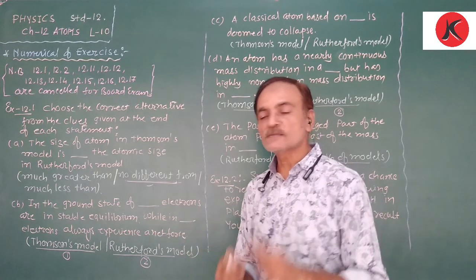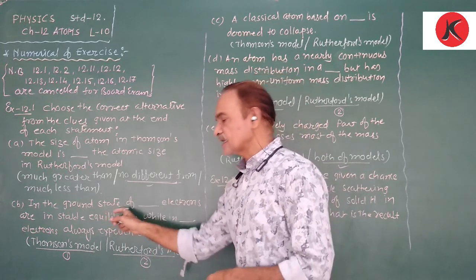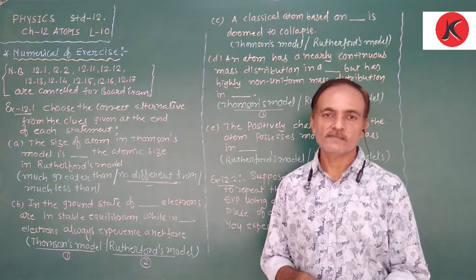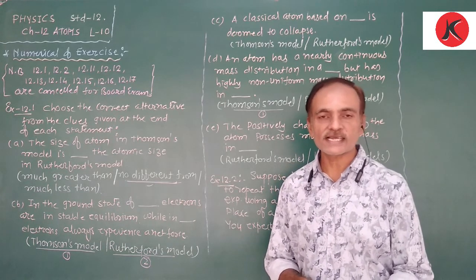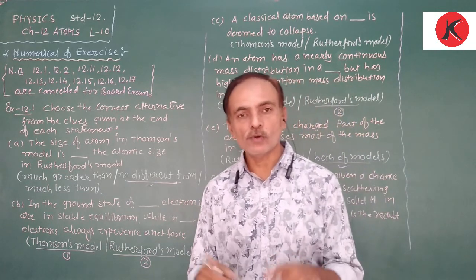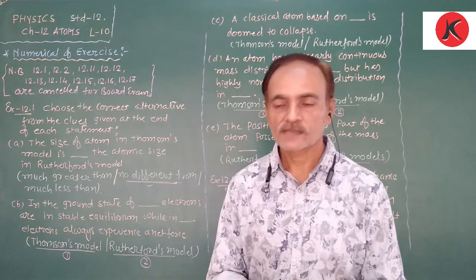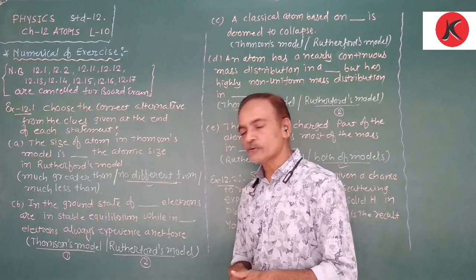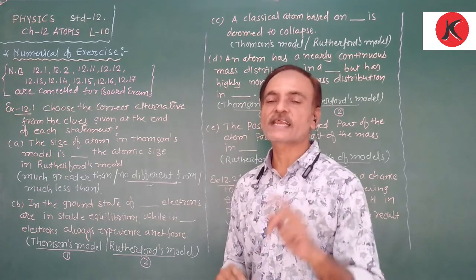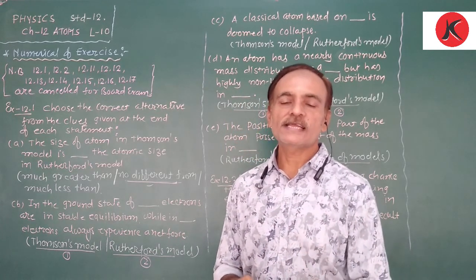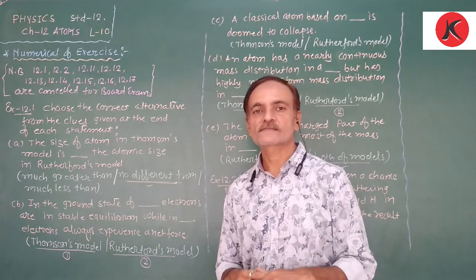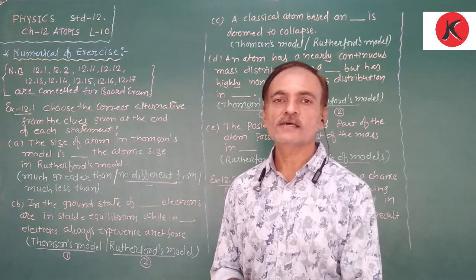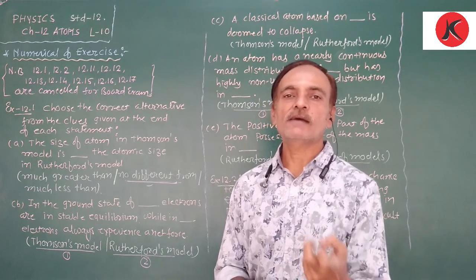So according to Thomson's model, in the ground state, the electrons are in stable equilibrium. No force is exerted on the electron, as the electrons are already in ground state. But according to Rutherford's model, electrons always experience a net force, in spite of the electrons being in ground state, because the force of attraction is exerted on these electrons by the nucleus.